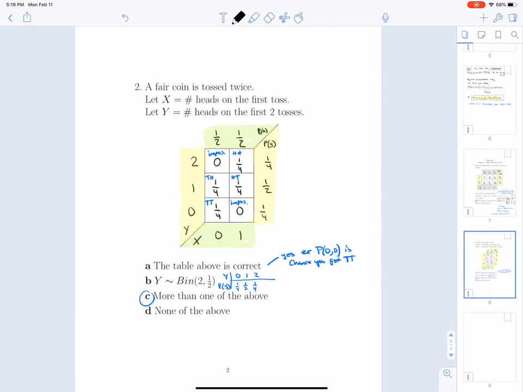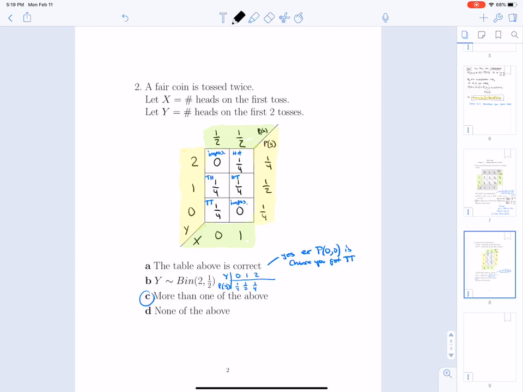Second question: a fair coin is tossed twice. Let x be the number of heads on the first toss, y the number of heads on the first two tosses. Okay, so the table is correct. You can check that. You can figure out what each of these cells are.